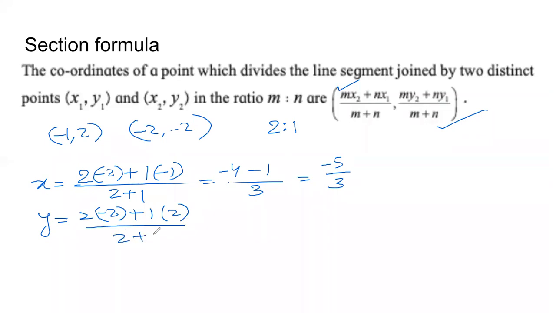So 2 plus 1. 2 into minus 2 is minus 4. 1 into 2 is 2, divided by 3. Minus 4 plus 2 is minus 2 by 3. So the coordinates are minus 5 by 3 and minus 2 by 3.